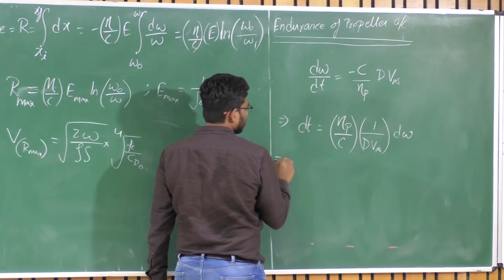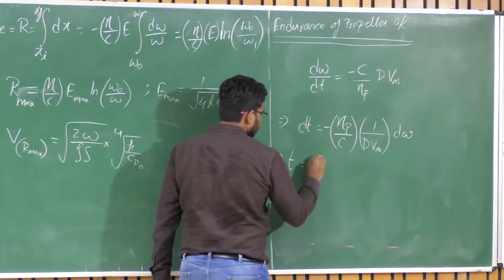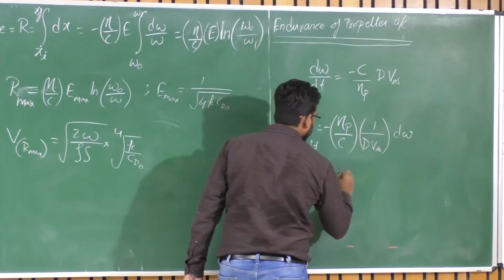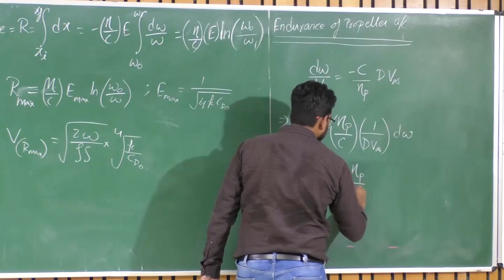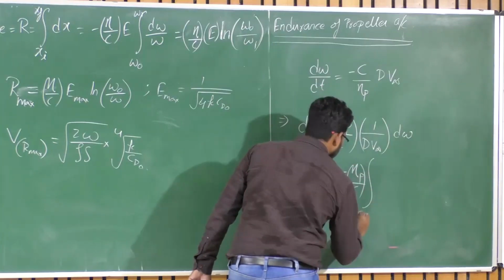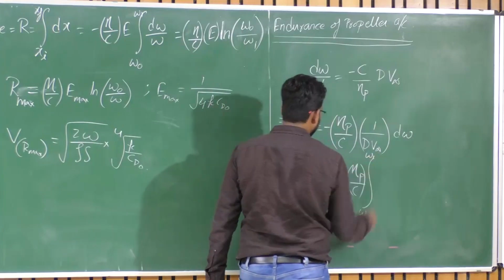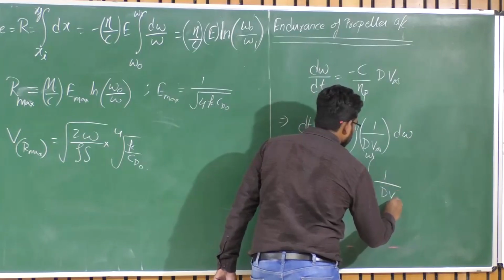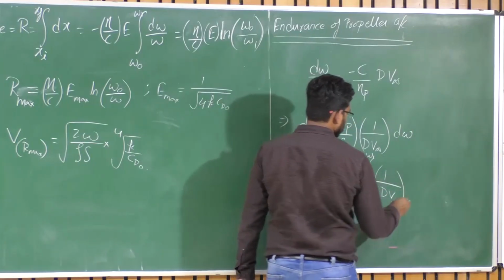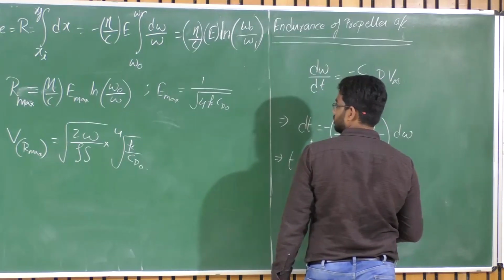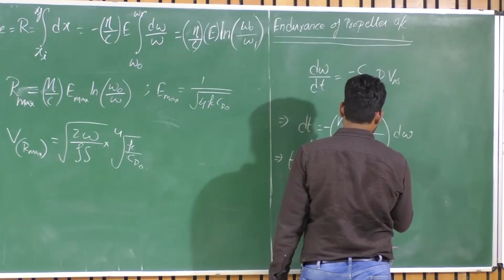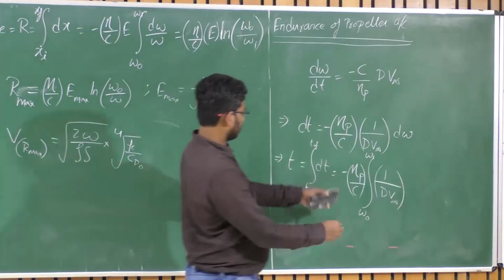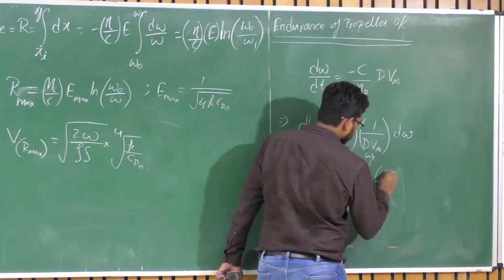Okay. So this equals, so the T is the integral over dt from Ti to Tf, which is minus eta P upon C, integral over W naught to W1, right? So 1 upon D V times dW. Yes, so let me just, I am multiplying it.